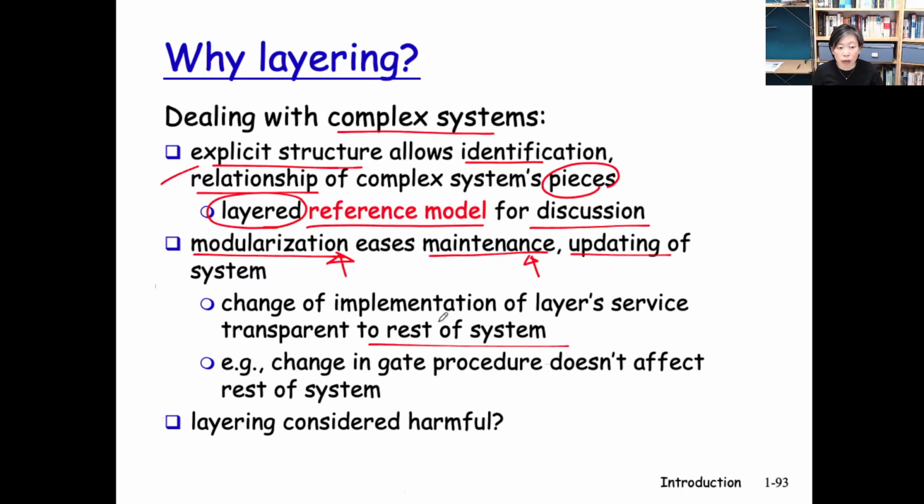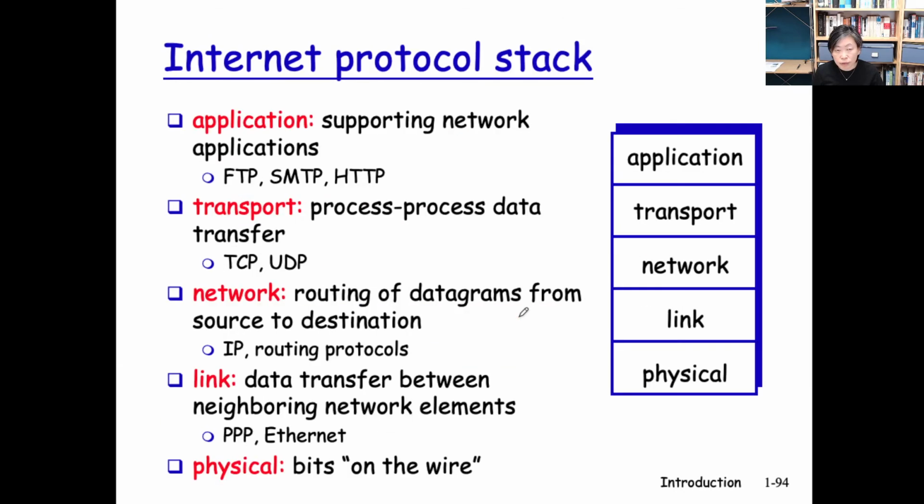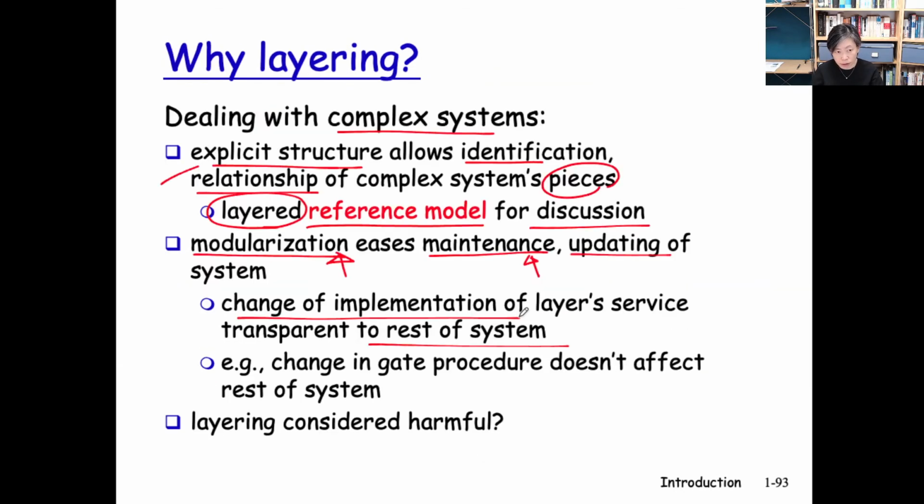So a change in a layered service, a change within a piece, a change within a module, can be transparent to the other modules, because the APIs are already well defined. There's minimum communication required. Here's an example.